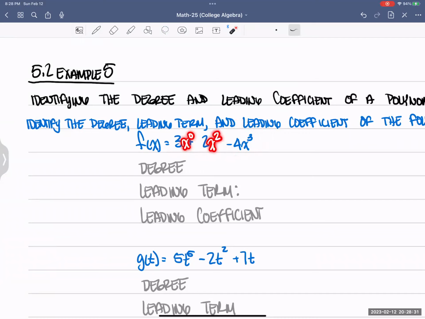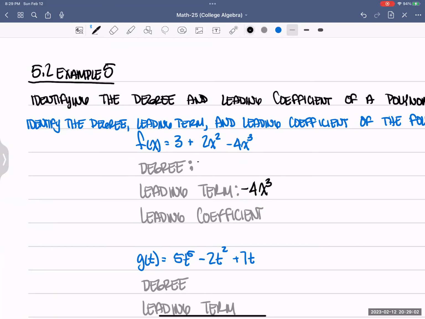So x to the power 3, we start with that. -4x cubed. Let's get it in a color that stands out a little bit more. So based on this -4x cubed, that tells us the degree, which here is x to the power 3.